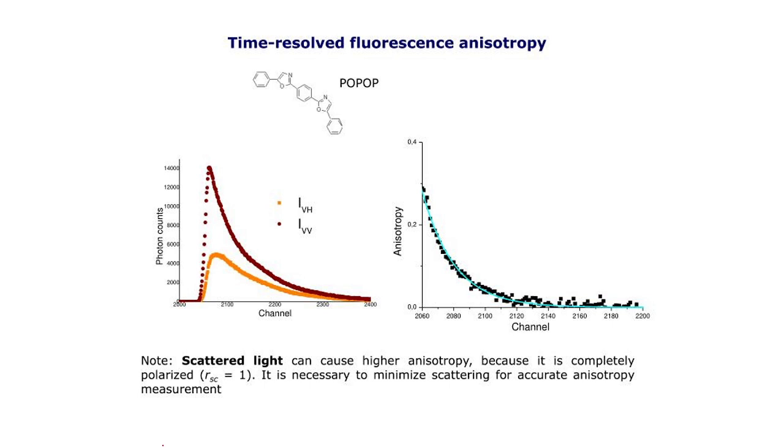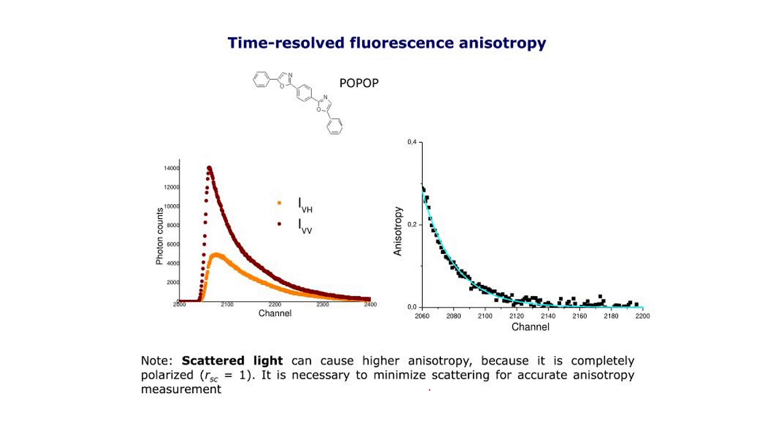Now this is the graph where you are plotting the photon counts per channel, and here you are plotting anisotropy versus channel. This is done for a sample molecule. Scattered light can cause higher anisotropy because it is completely polarized, that is, it equals 1. So it is necessary to minimize the scattering for accurate anisotropy measurements.